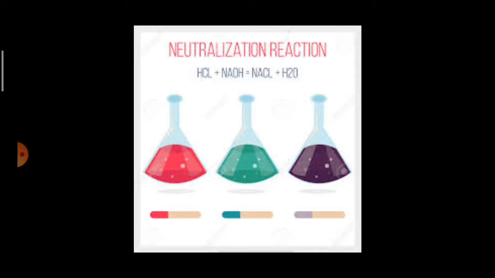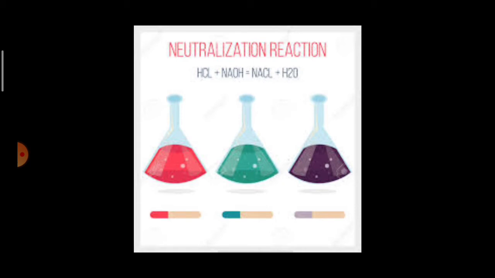So, for example, if we take the acid hydrochloric acid, and the base sodium hydroxide, when hydrochloric acid reacts with sodium hydroxide, we get sodium chloride and H2O. H2O is water. NaCl is sodium chloride.